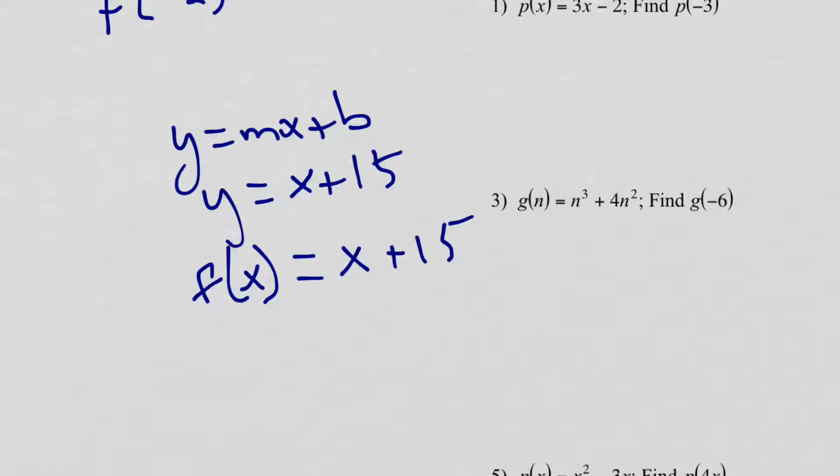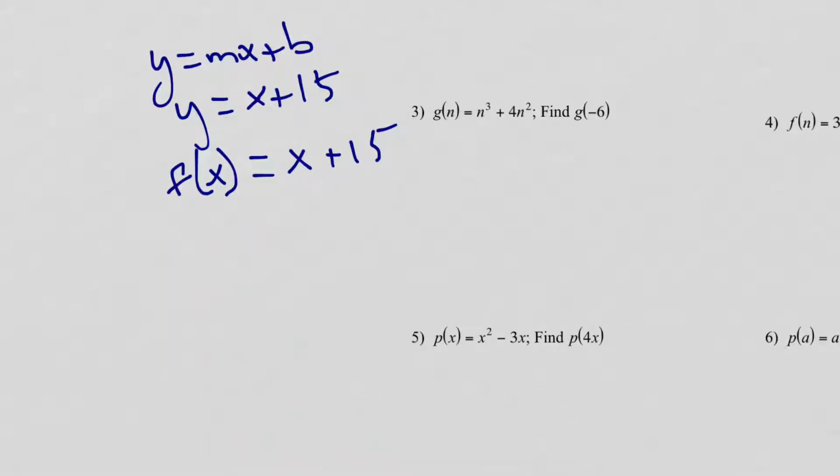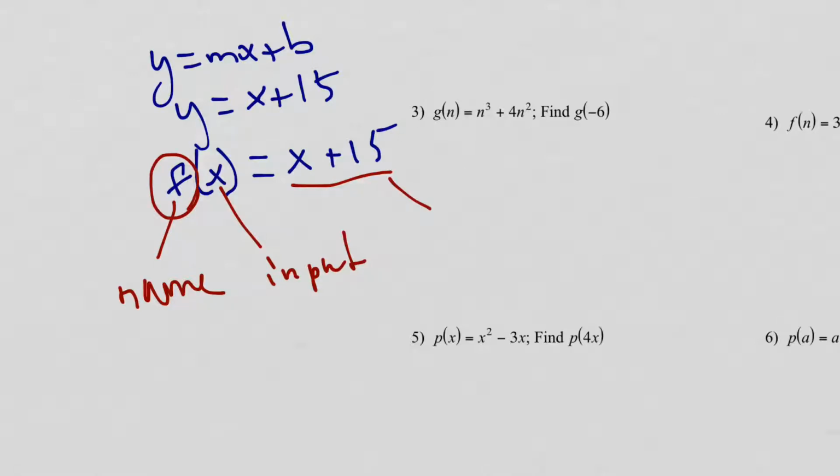Function notation is another way to understand or write equations, and there are certain properties you need to understand about that. This is the function's name, this is the function's input right there, and this is what the function does. It's important that a function has a name, so you can identify different functions within the same situation.